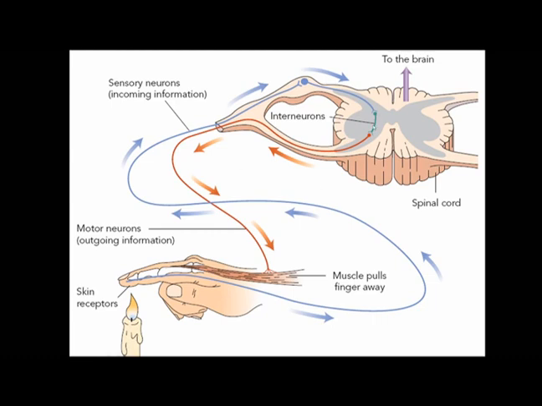And this interneuron will evaluate that intensity of a stimulus, and because it's intense enough, it will trigger a response where the muscle will contract and pull our hand back from the thing that's causing the source of pain.